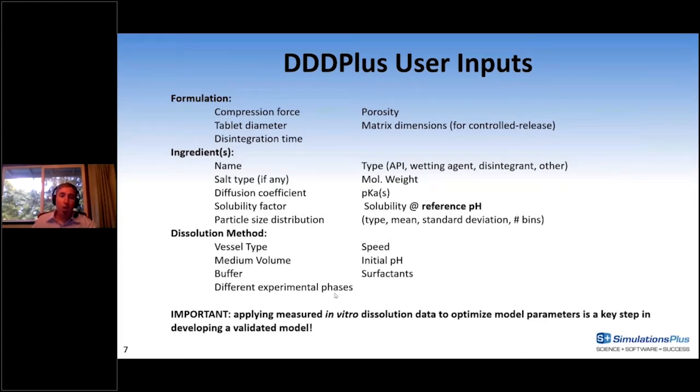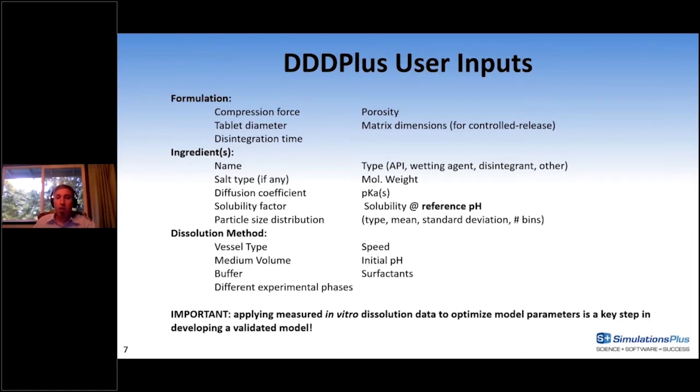An important note is that you need to apply in vitro dissolution data wherever possible to optimize some key parameters first in developing and validating the model. You at least need to take usually one data set for your tablet formulation to optimize the model to get it to properly predict your formulation.